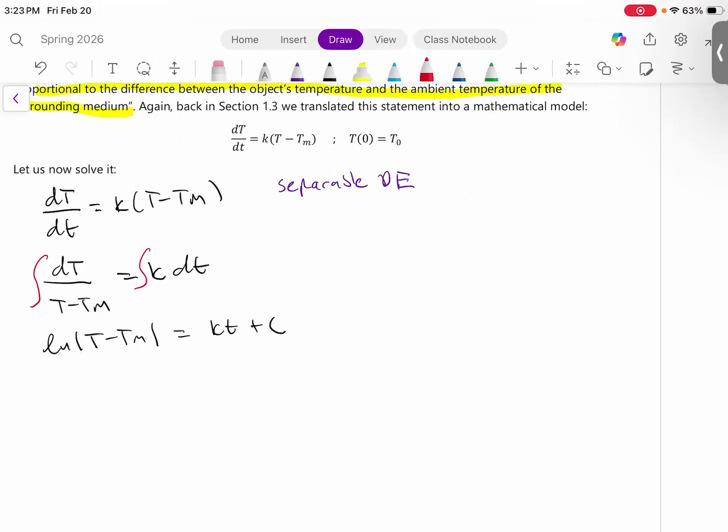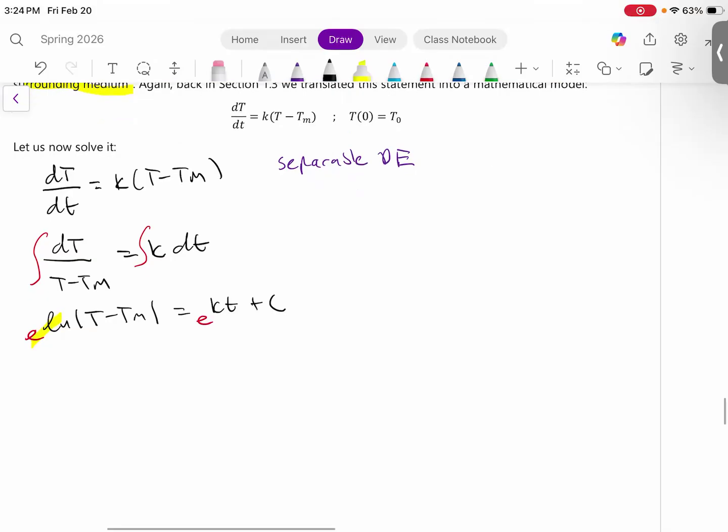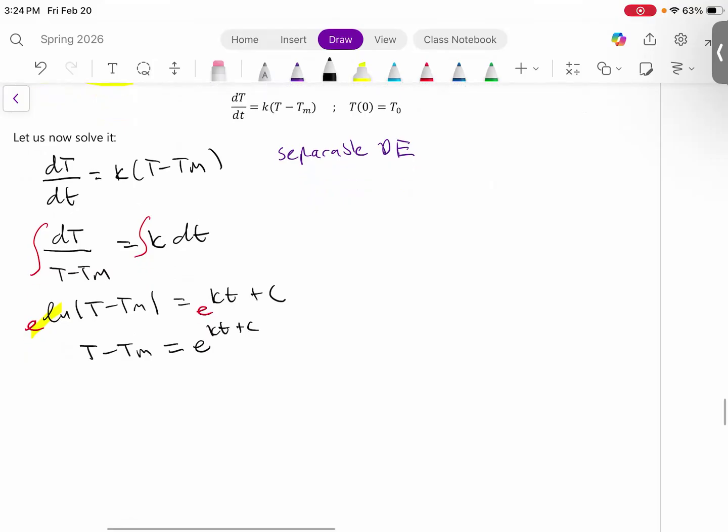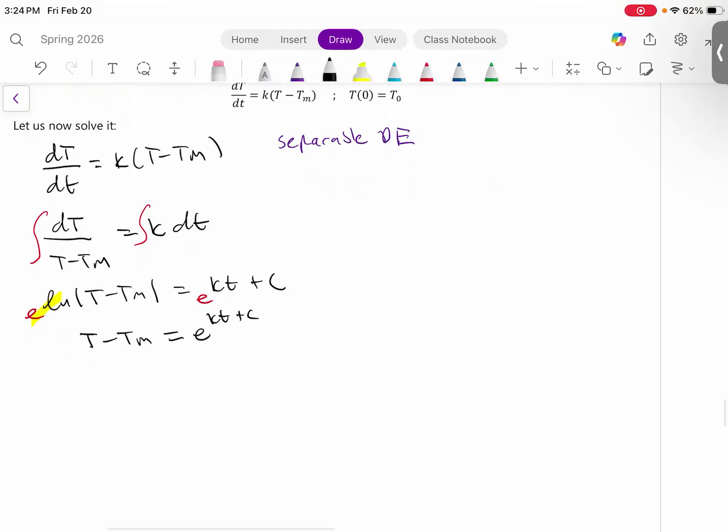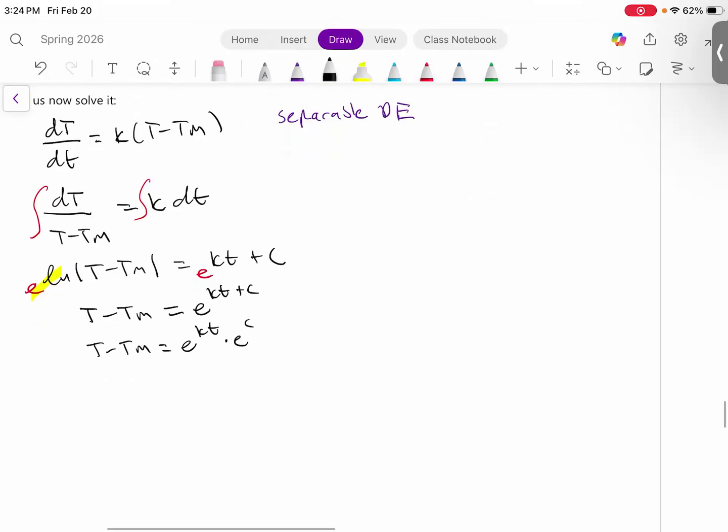And once again, if we have natural log, we want to base e to both sides. That will cancel out the natural log, and the absolute value can go away. T minus T sub m equals e to the kt plus C. And using properties of exponents, we can break the e to the kt plus C apart and get just e to the C. And we typically don't want to have e to the C. That's just a constant.